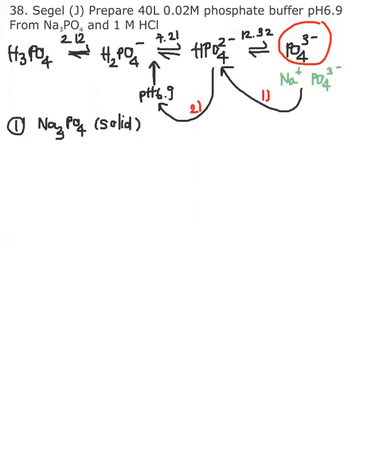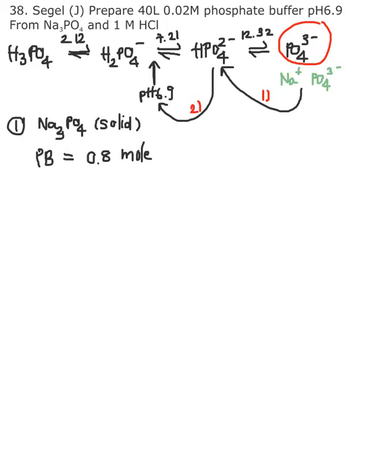Anyway, let's start by figuring out how much sodium phosphate we're going to put into the beaker. Because sodium phosphate is a solid substance, and all the phosphate in the buffer that we want to make will derive from sodium phosphate. The mole of the phosphate buffer, we already calculated many times before. It's 0.8 moles, using 40 liters times 0.02 molar.